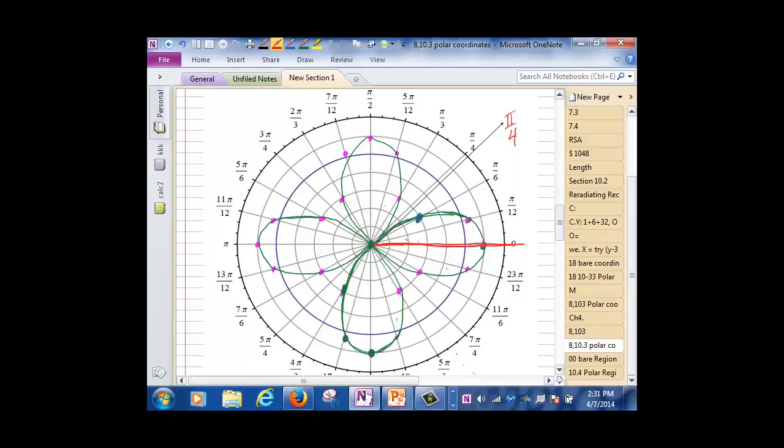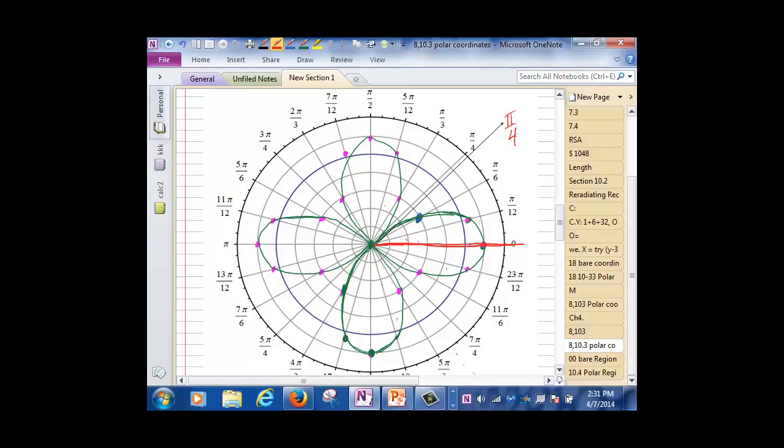The way you should pick your theta values is that you make sure you're sweeping out the region exactly once. And so in this case, we are going to take it from 0 to pi over 4. I could have also picked negative pi over 4. You can check very easily that at negative pi over 4, you'll be here, and then at pi over 4, you come here.